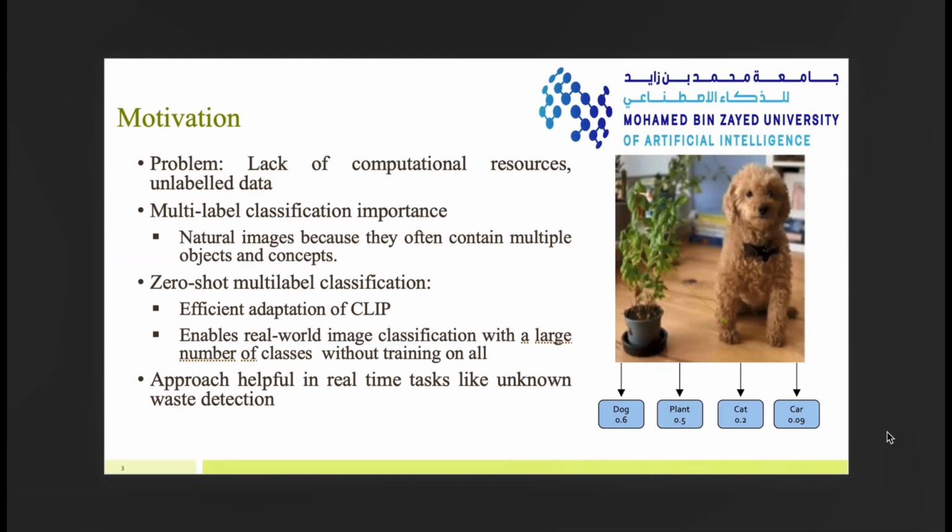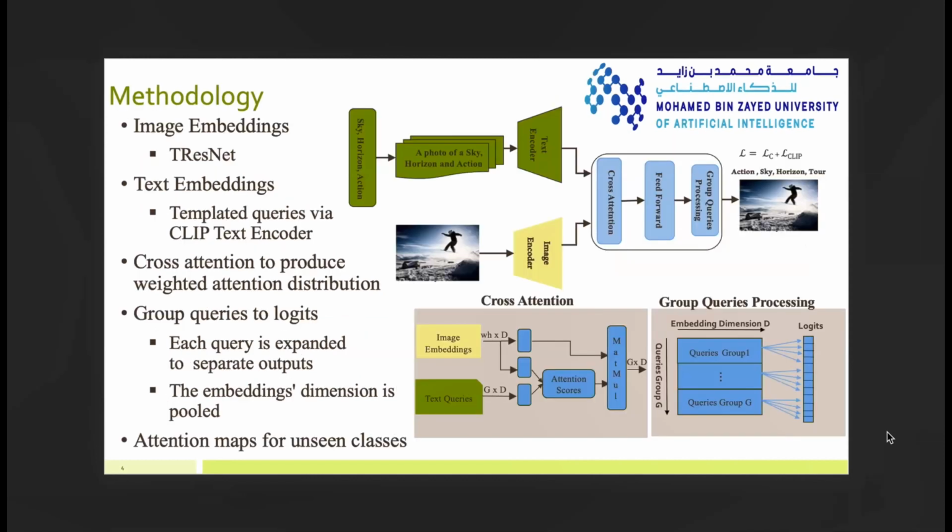We will try to predict the labels, as you can see in this image, with relevant probabilities more similar to the images. Coming straight to the methodology, we used TResNet for the image embeddings, which is a high performance variant of ResNet that captures visual aspects of the images quite better.